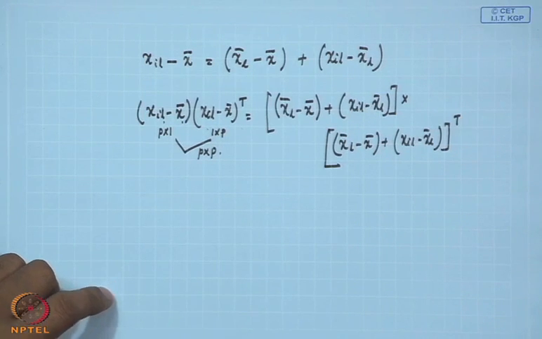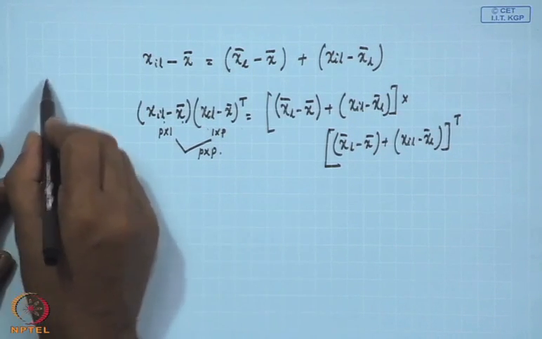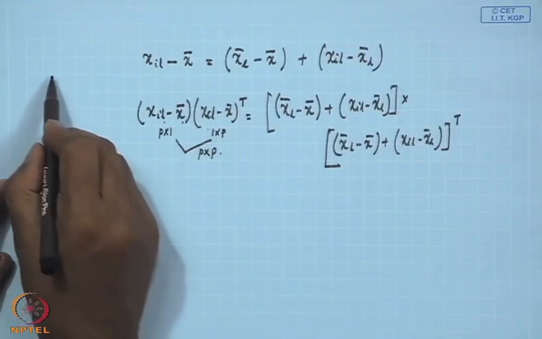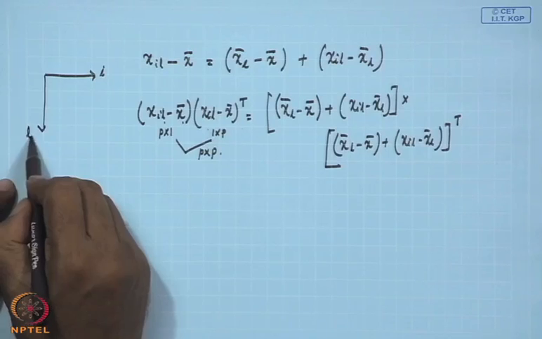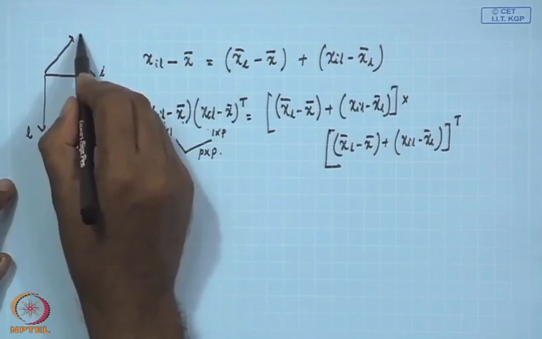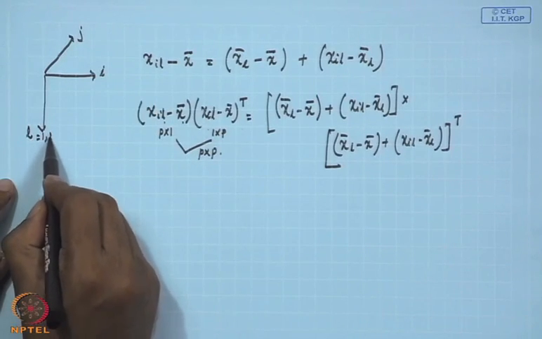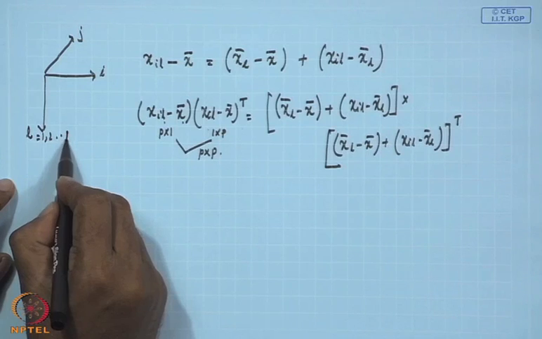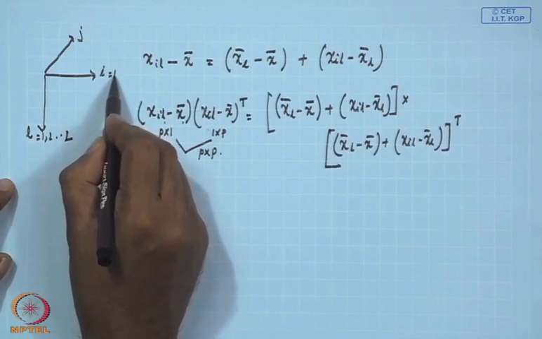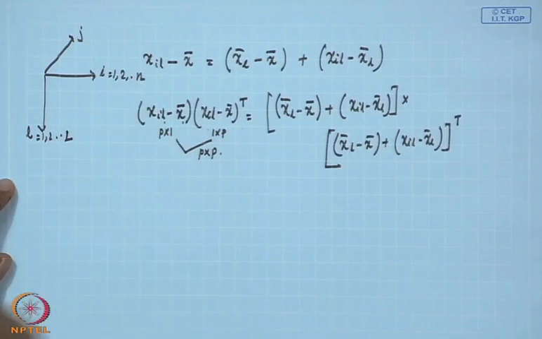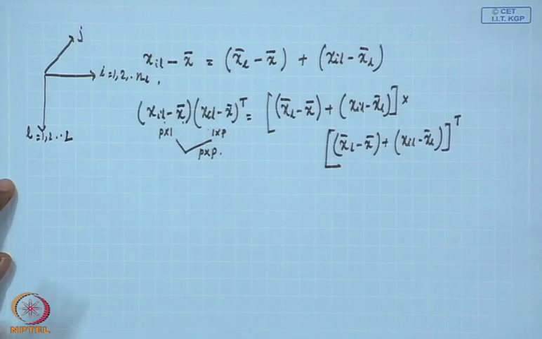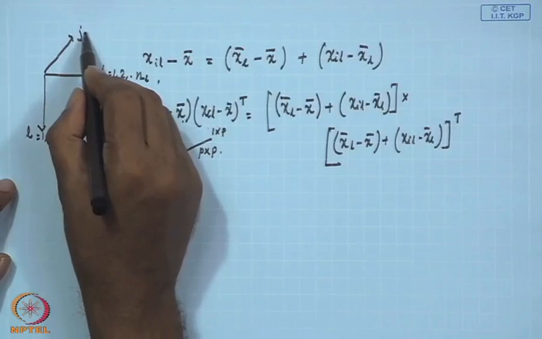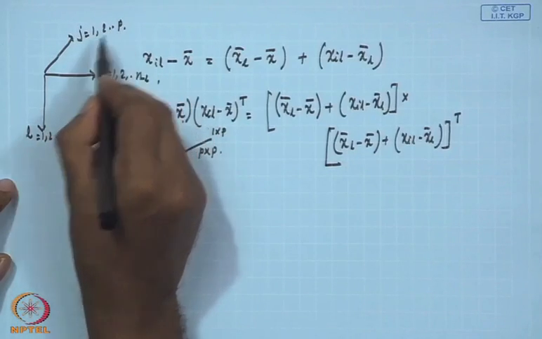Okay. Now, how many dimensions have you considered? One is I, another one is L and the other one is J. L equal to 1 to capital L, I equal to 1 to n L, as we consider unequal sample sizes here, and j equal to 1 to p.